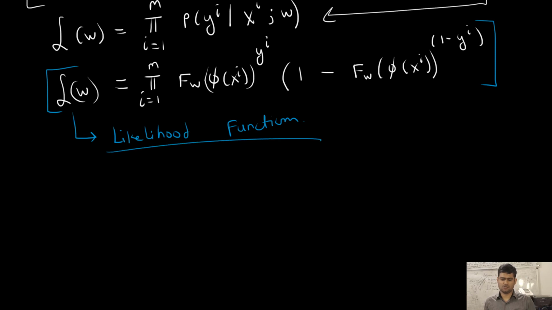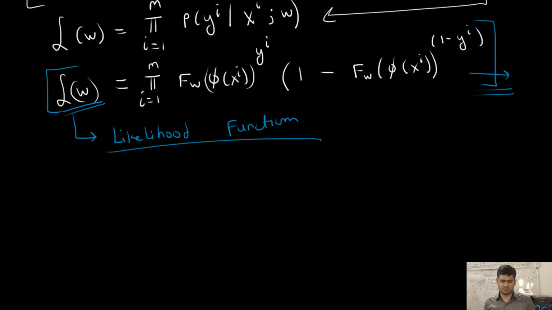And now, as you can see, the value of w that increases this probability on the right hand side is the one that maximizes the likelihood function. So as we saw in the last part of the last lecture, we are going to maximize the likelihood.